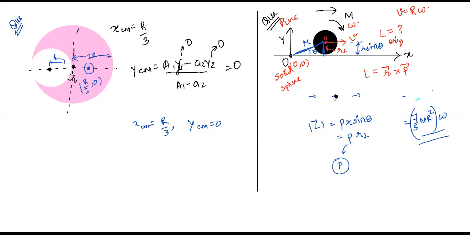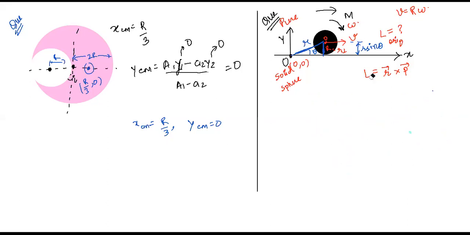So I'll describe the entire term once again. Atul, let us go to the basics. What is rolling? How did I describe rolling? Rolling is the combined translation and rotation, right? Do we remember this? Yes, sir. Translation and rotation.